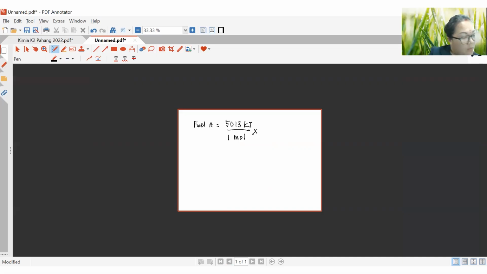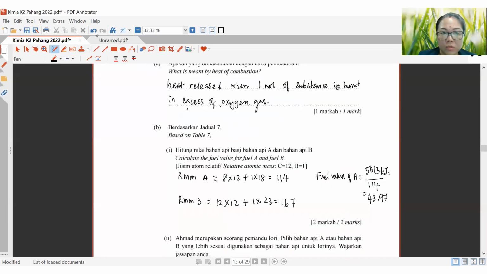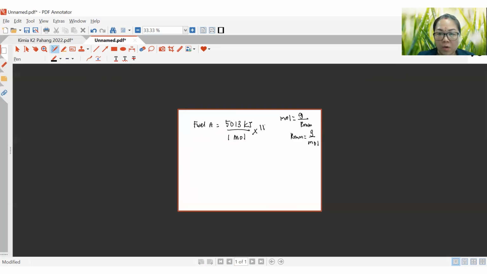It is because mole is equal to mass in gram over RMM, so RMM is equal to gram over mole. The RMM you calculated just now is 114, so 114 gram over mole.